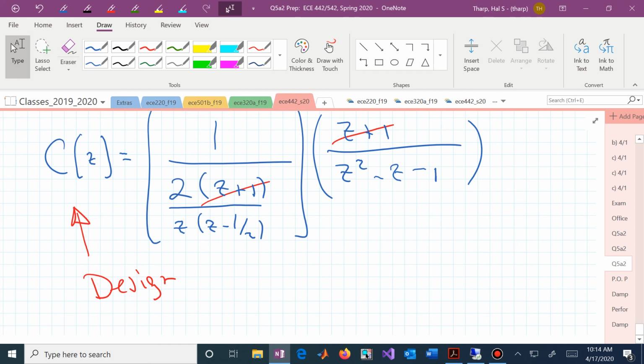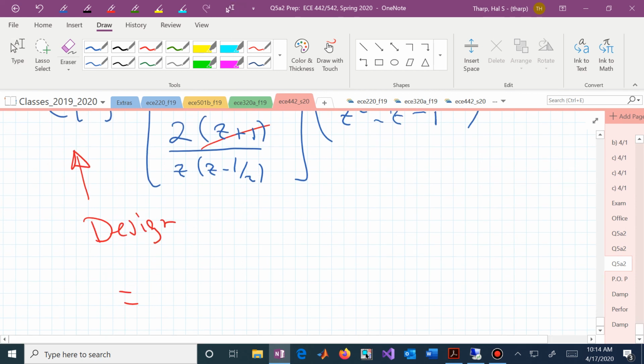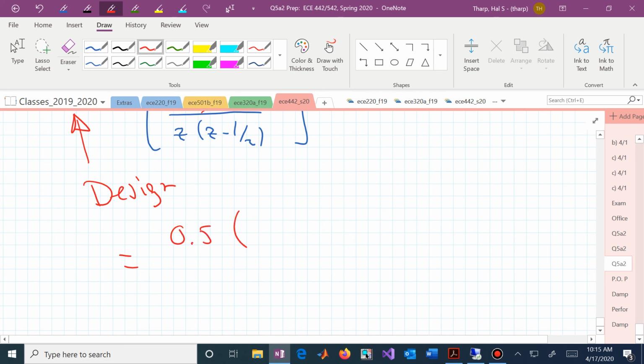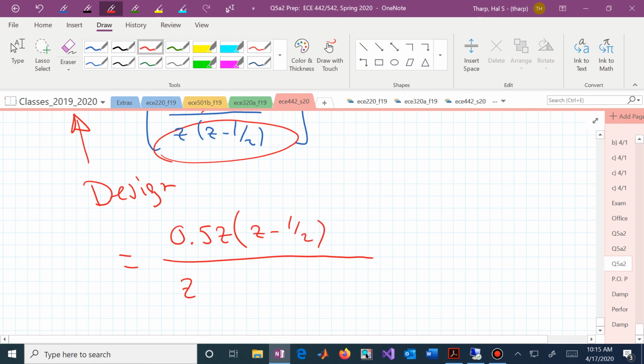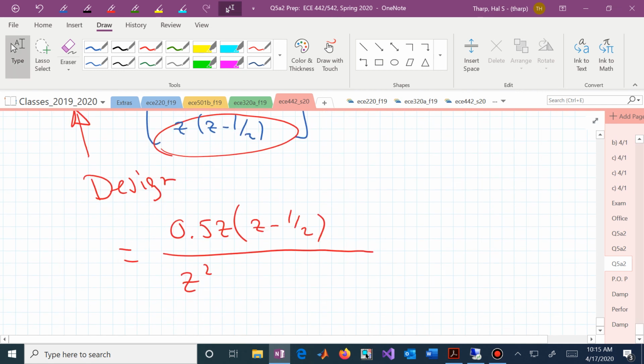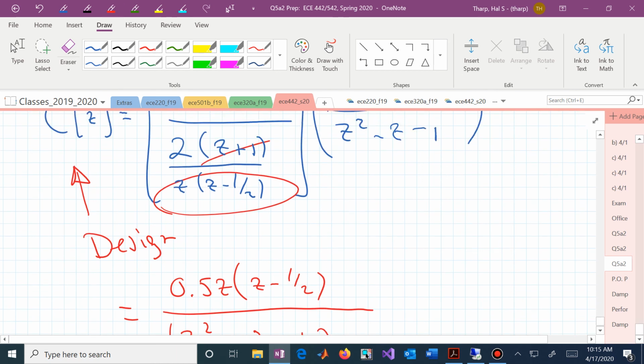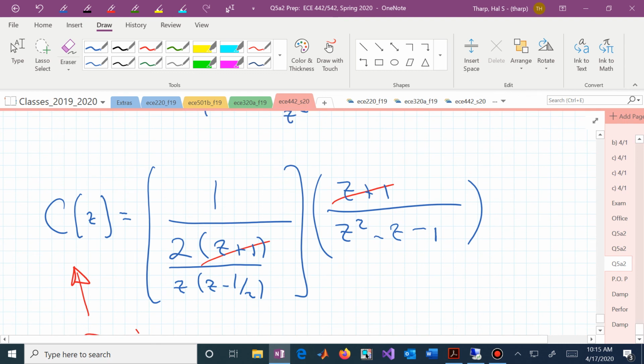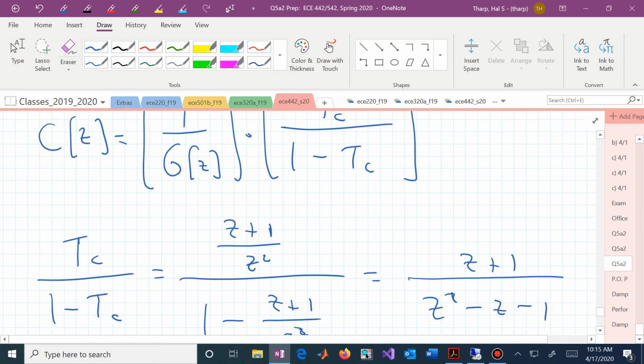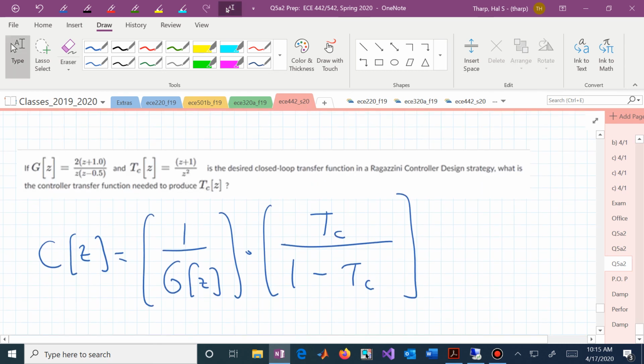And if you run through the algebra, you see you have 1 over 2, or 0.5. This pops upstairs because it's in the denominator of the denominator, and the denominator was z squared minus z minus 1.